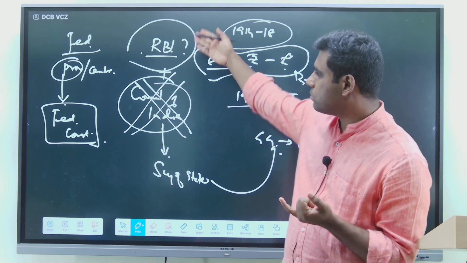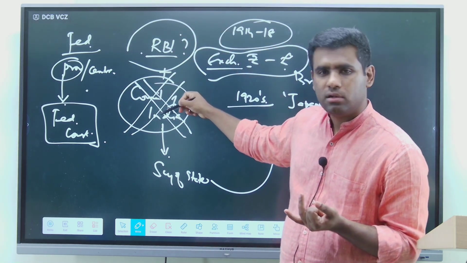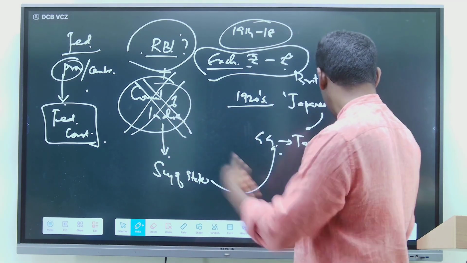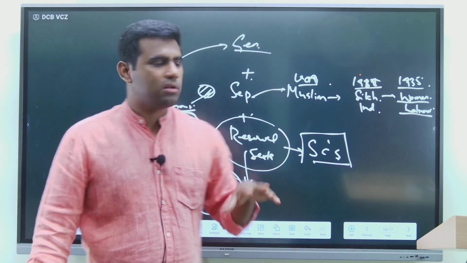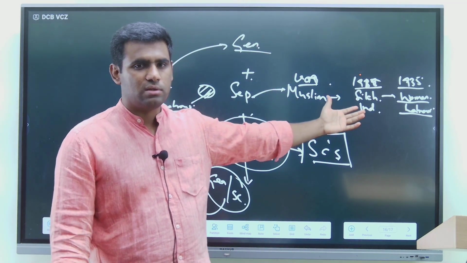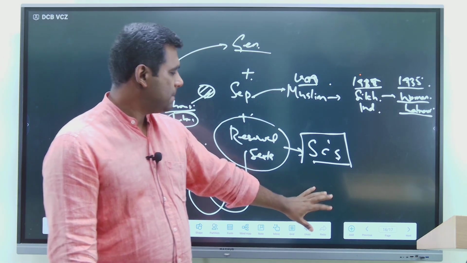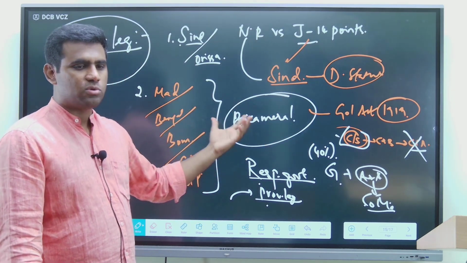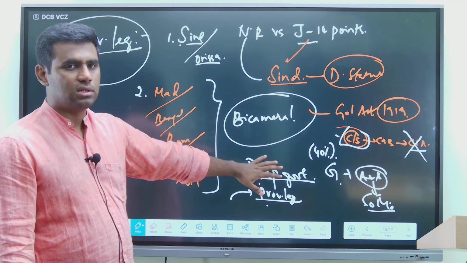right? Here we have 3 points regarding the federal court, regarding the RBI, regarding a separate council, the abolition of the Council of India, and in the previous slide you have the different representation at the provincial level and for what all sections, right? You have separate electorates, you have reserved seats, and in the previous slide you have the bicameral setup that was created in different provinces, not for all provinces but for certain provinces, right?